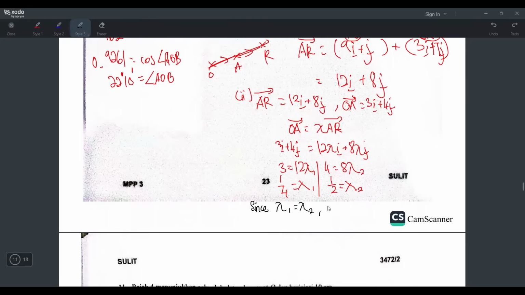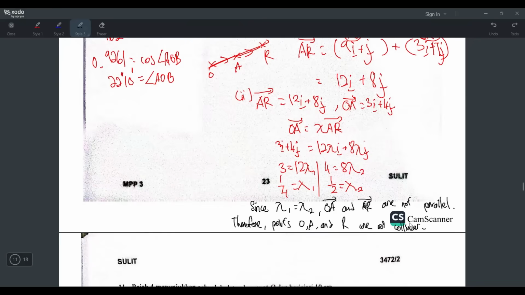So I can say OA vector and AR vector are not parallel. But that's not what the question asked for. The question asked whether they are collinear, right? So I write, since this one, therefore points O, A and R are not collinear.